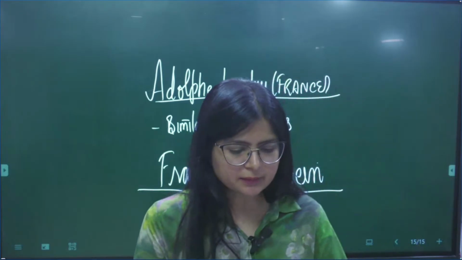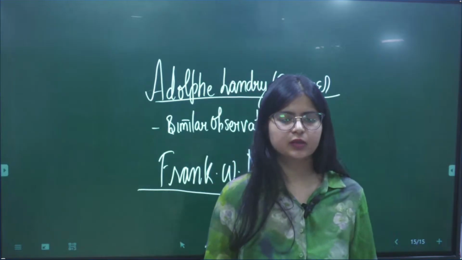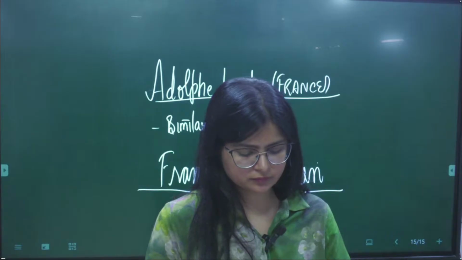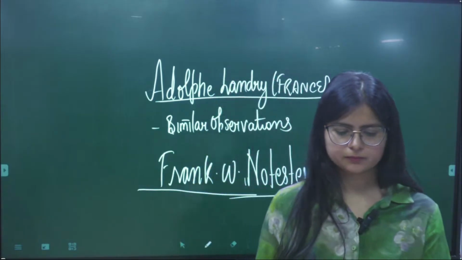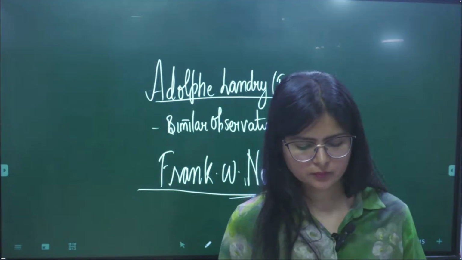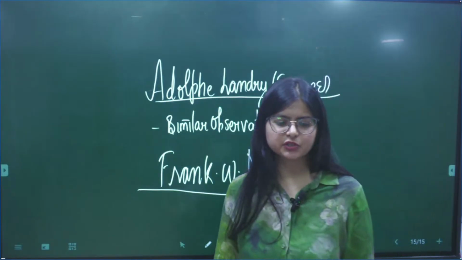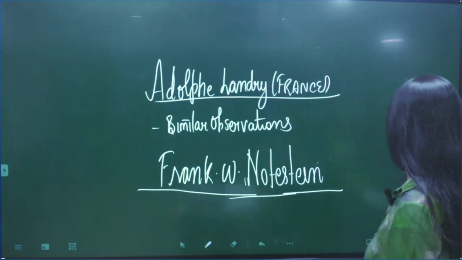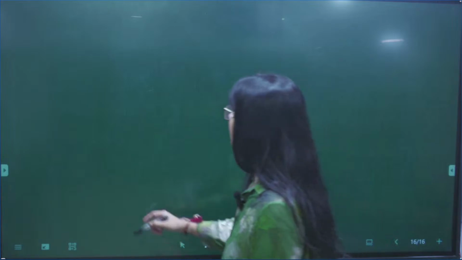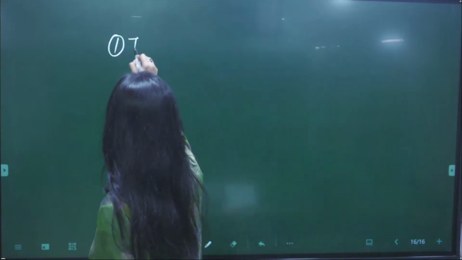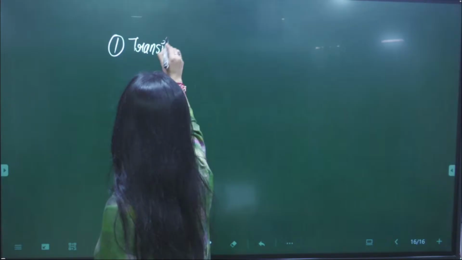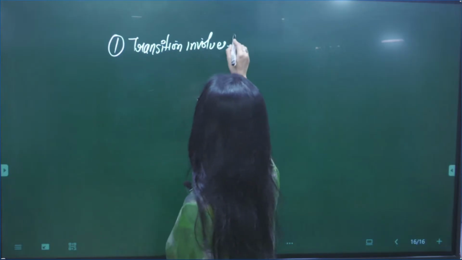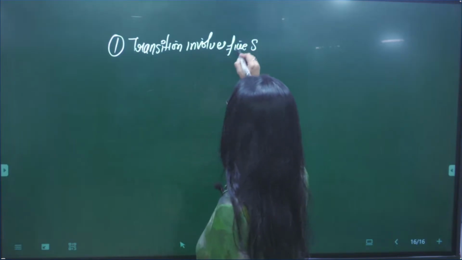Notestein developed a more formal theory of demographic transition. The transition involves 5 stages, sorry, 4 stages.